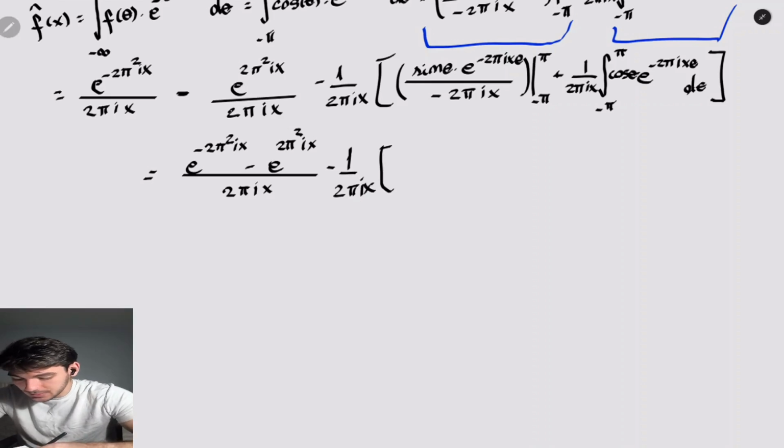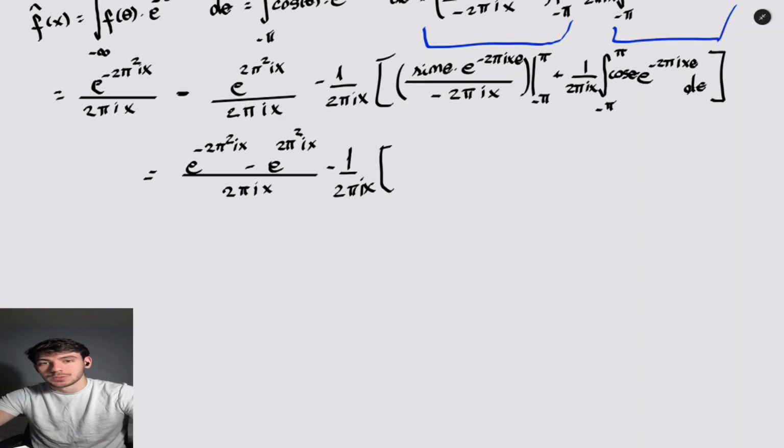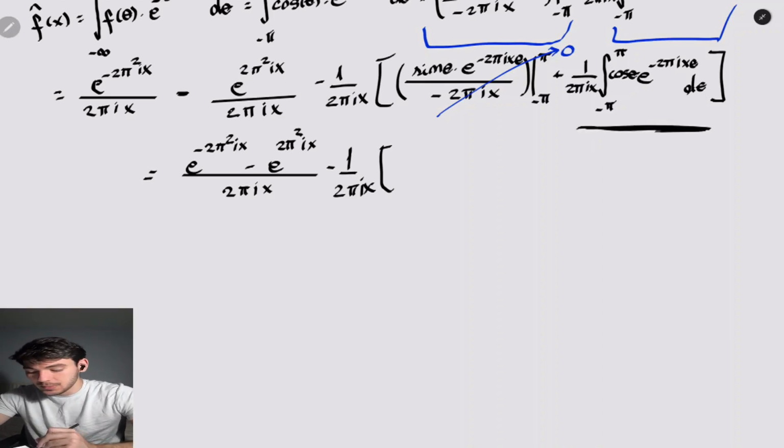Here we are going to substitute pi and minus pi. Since we have sine of theta, sine of pi equals 0, sine of minus pi equals 0 as well. So all this term here is 0. So we won't consider it. So let's just analyze this part.